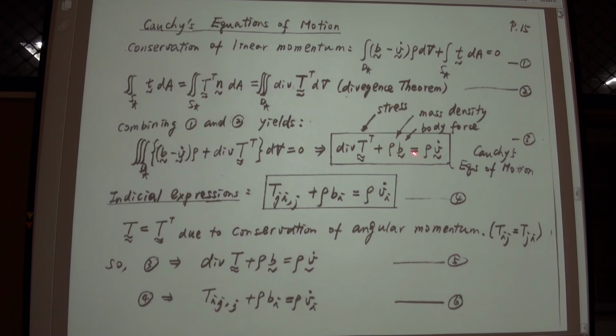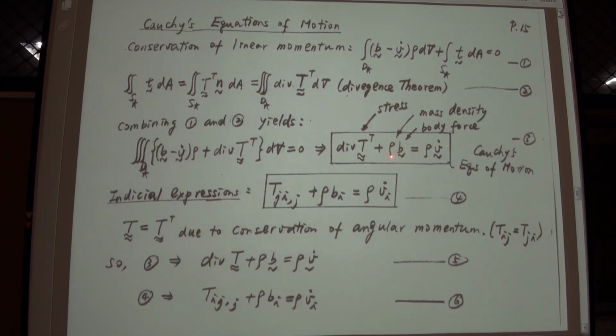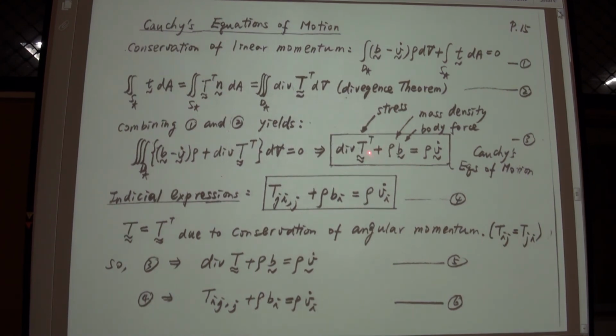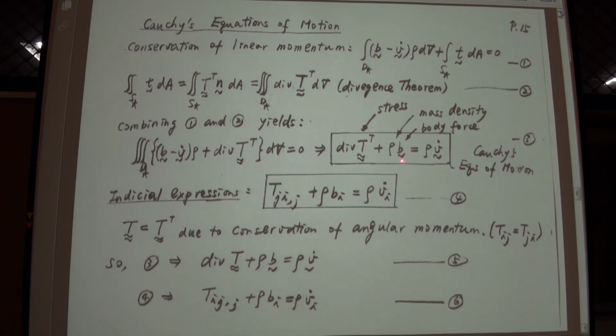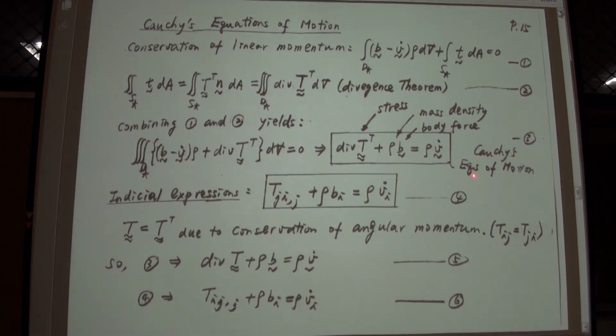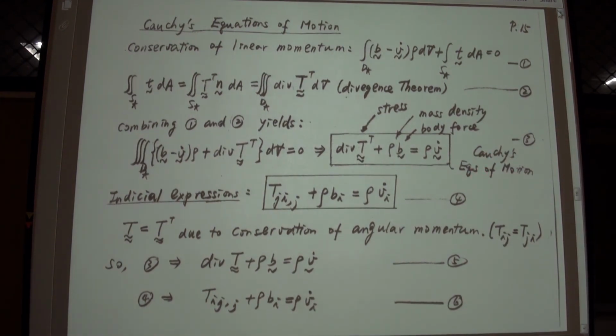This relation will be true for every arbitrary material point. And then this is the governing equation for the stress tensor. This is the Cauchy stress tensor, and this is the body force, and this is the inertial force, and we call this the Cauchy equations of motion.